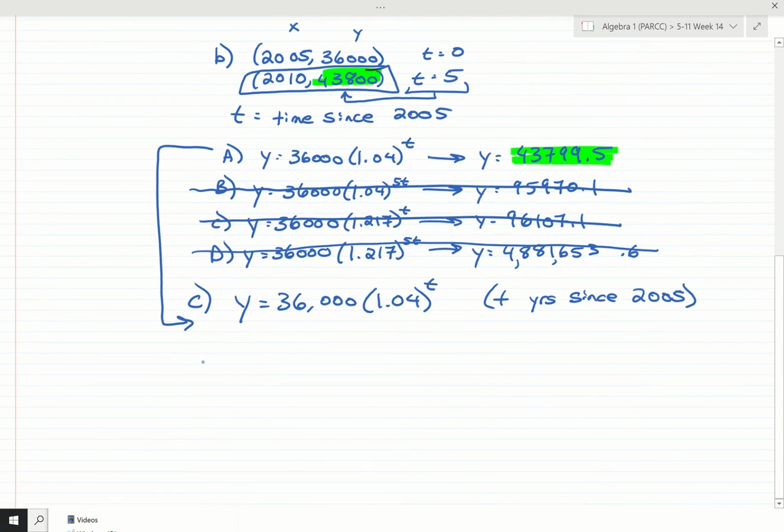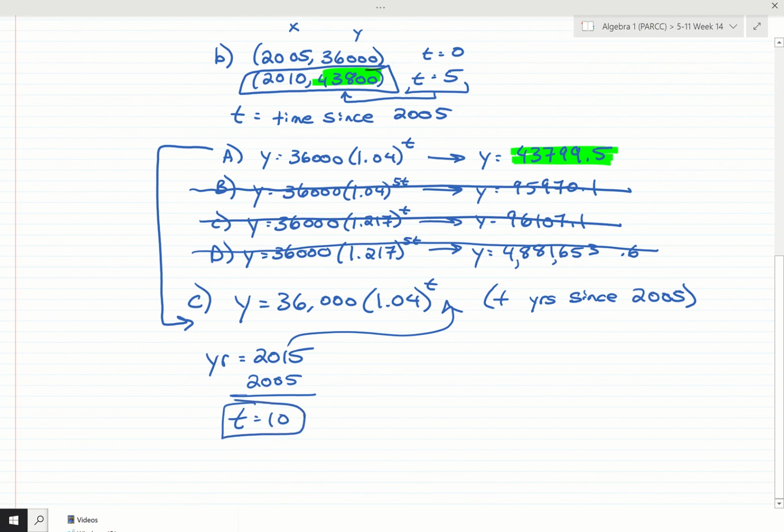We want to figure out the population in year 2015. Well, you can't put 2015 in for t, because t is years since 2005. So 2005 to 2015, that's 10 years. So t would be 10. That's what we're going to put in for t.